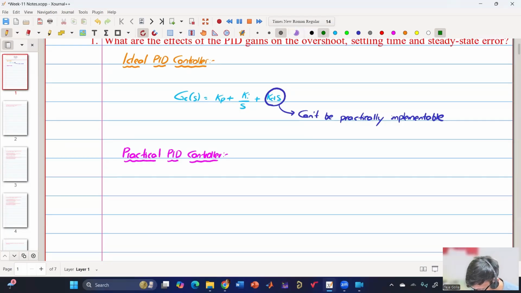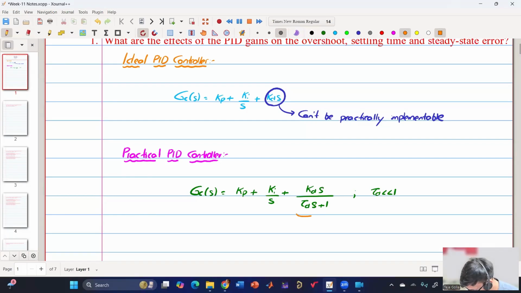In the practical PID controller, we add a small term in the denominator of the derivative, tau d S, where tau d is much smaller than 1. It means that we have placed a very high frequency pole only for practical implementation.